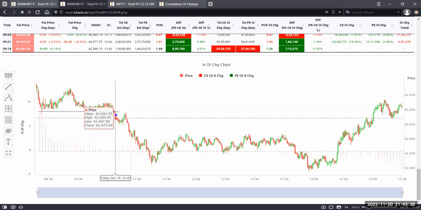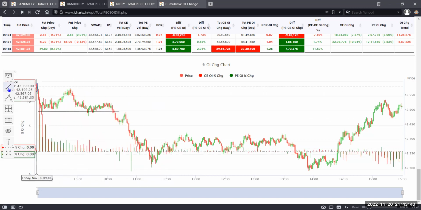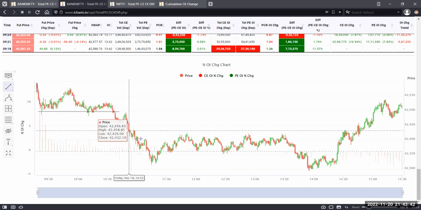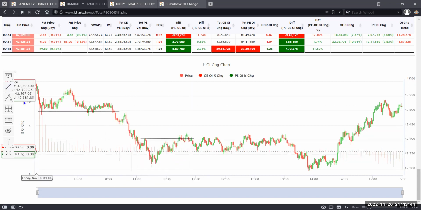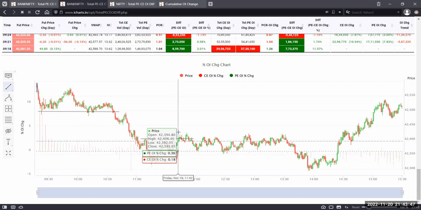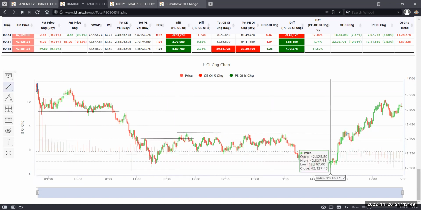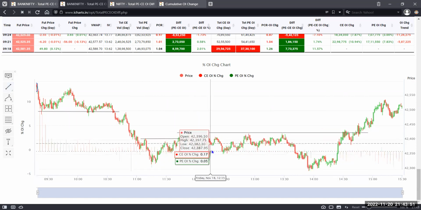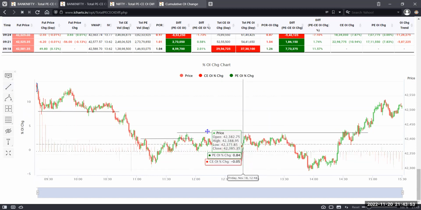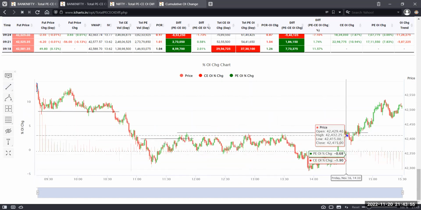If it is trying to break those levels, once that level is done, then all smaller levels, large or small, you can mark these and then wait and see what happens once price goes back over here.